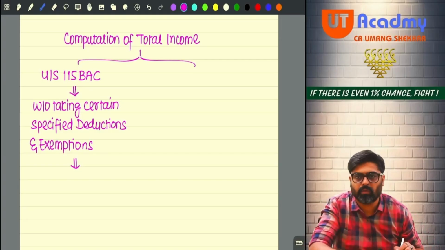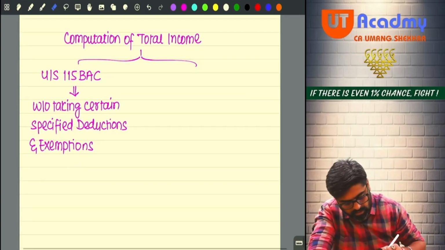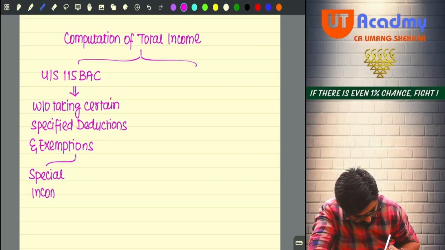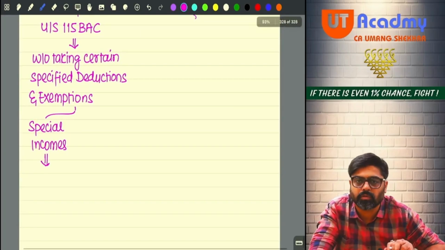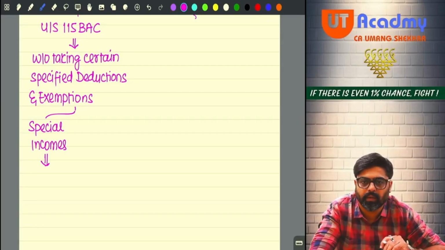Now, once you calculate your total income like this, from your total income, whatever special income is there, so special incomes means which incomes? STCG 111A, LTCG 112, LTCG 112A, winnings income.